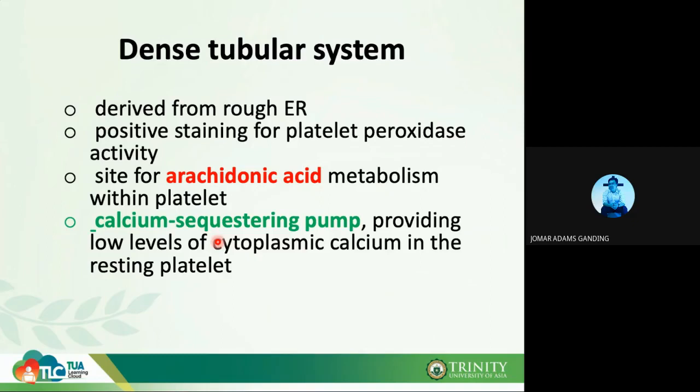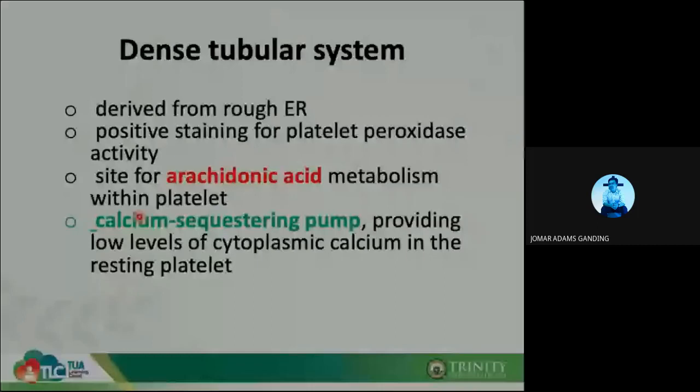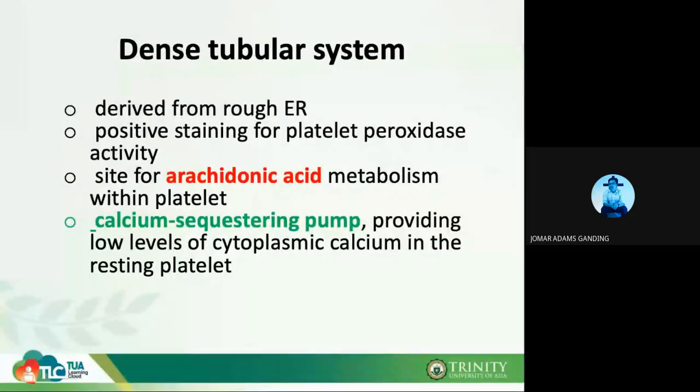So again, your dense tubular system is the site for your arachidonic acid metabolism and your calcium sequestering pump. As we go along this prelims, we'll be talking about your vascular intima, your primary hemostasis and your secondary hemostasis. You will be meeting arachidonic acid and your calcium sequestering pumps very, very soon.